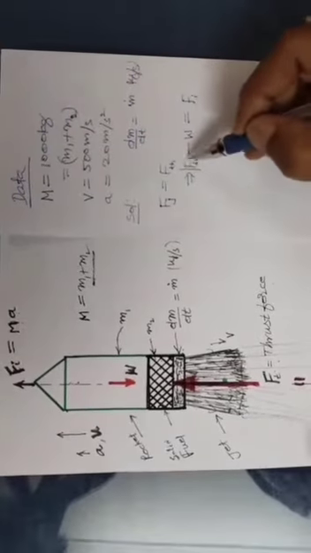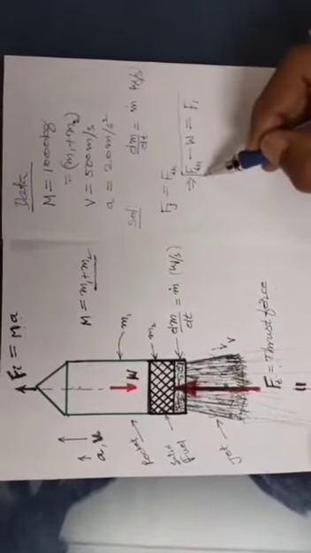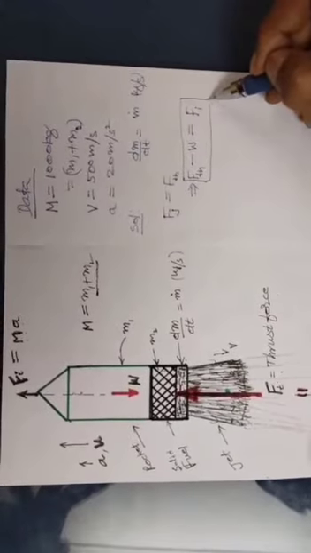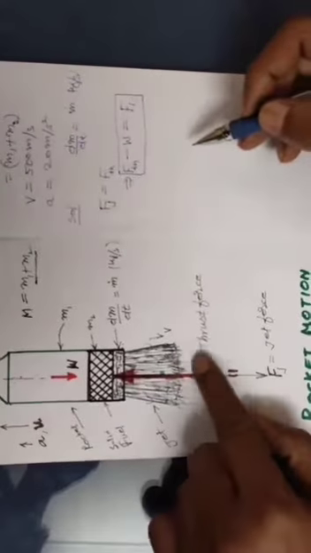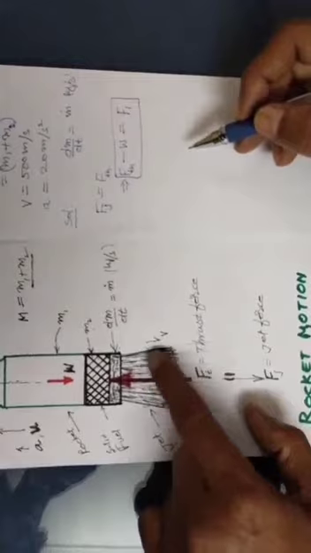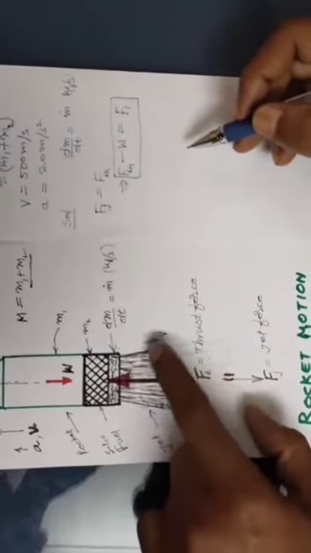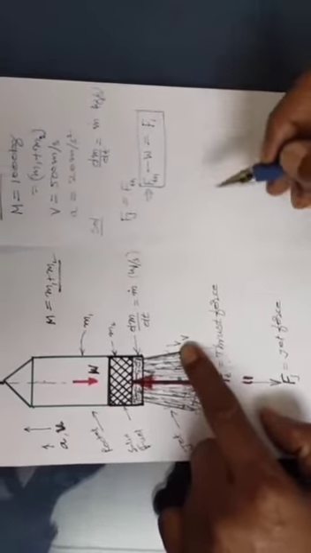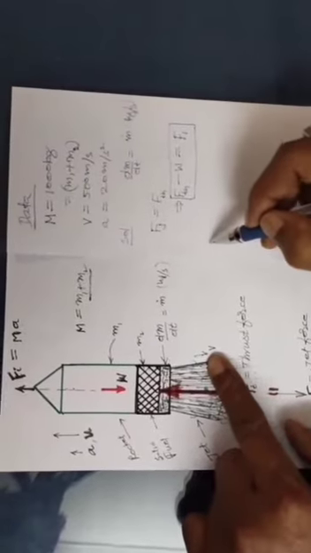So this is the force balance of rocket motion. So what is thrust force? That is equivalent to the jet force. So what is jet force? This is rate of fuel into mass, that is thrust force.